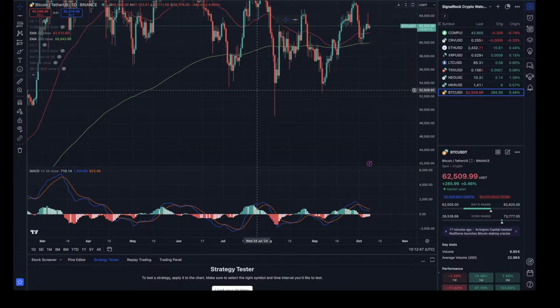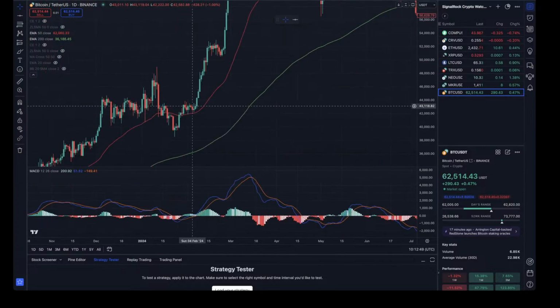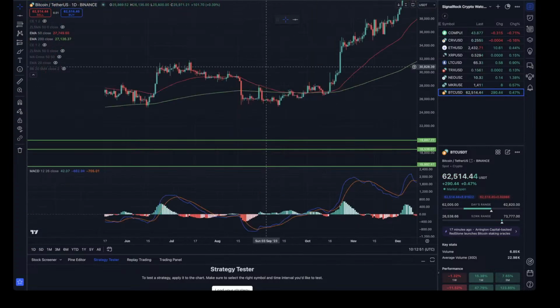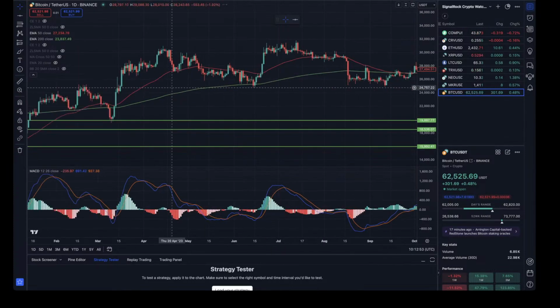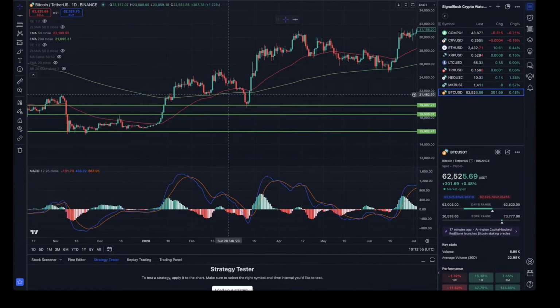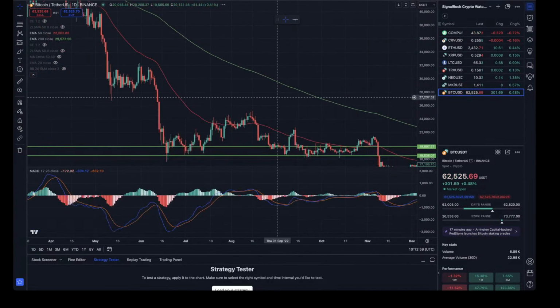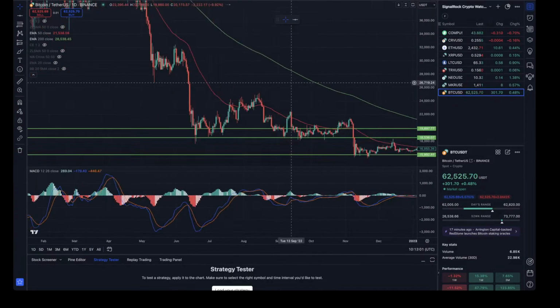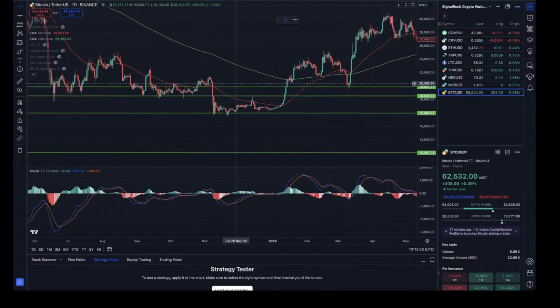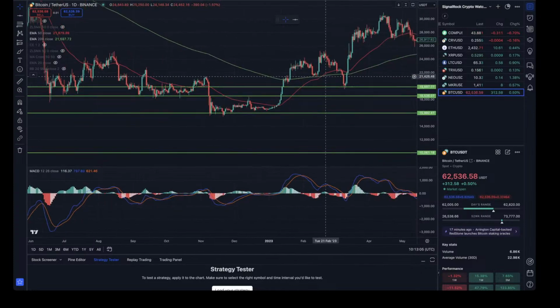Okay, so when did it last cross before that particular point? Okay, so we had a big cross here.